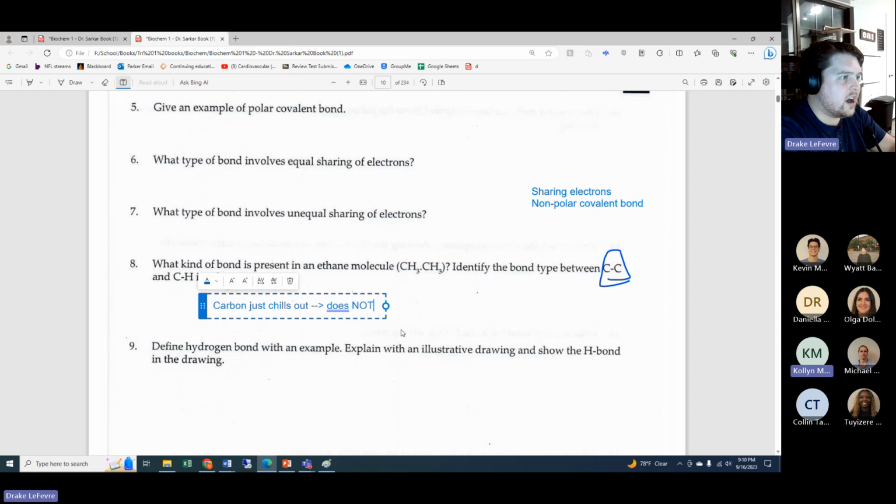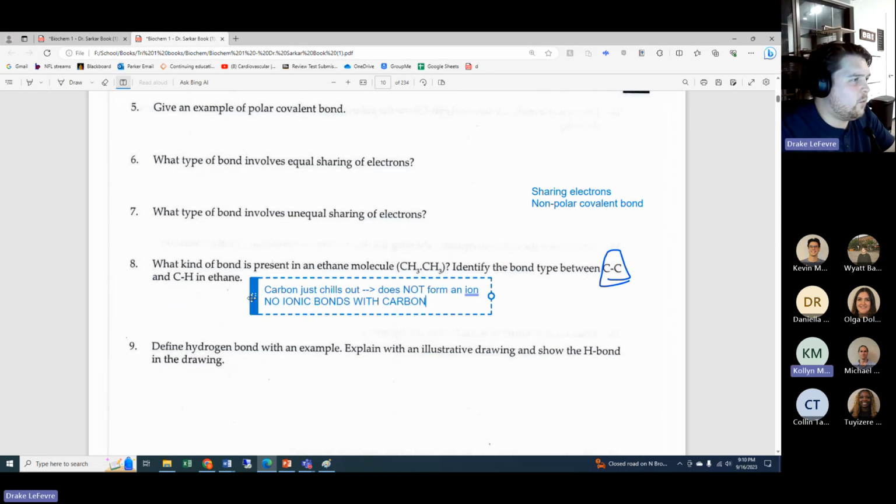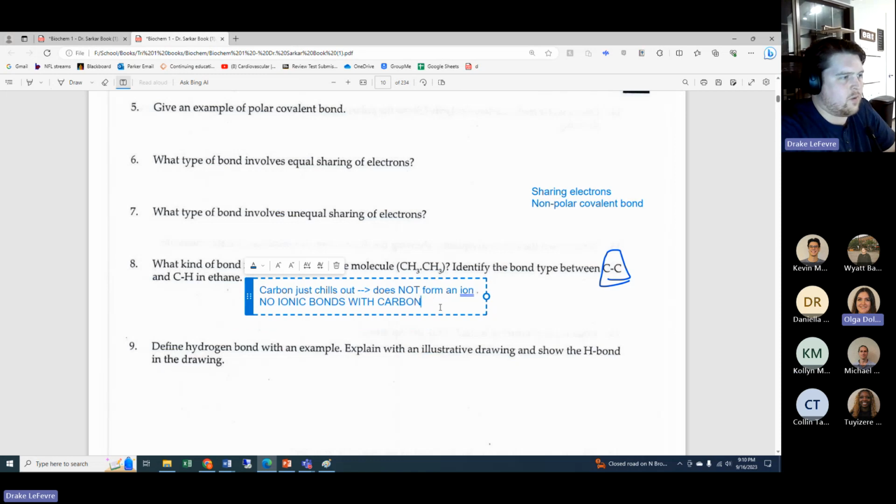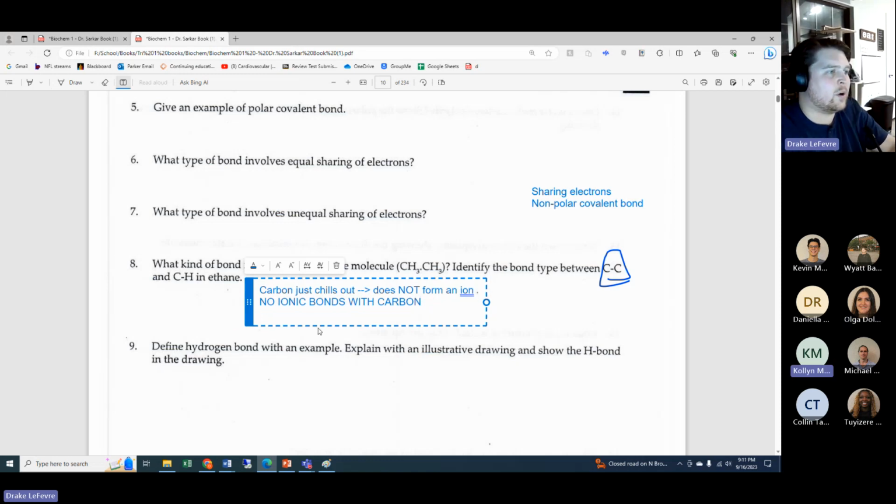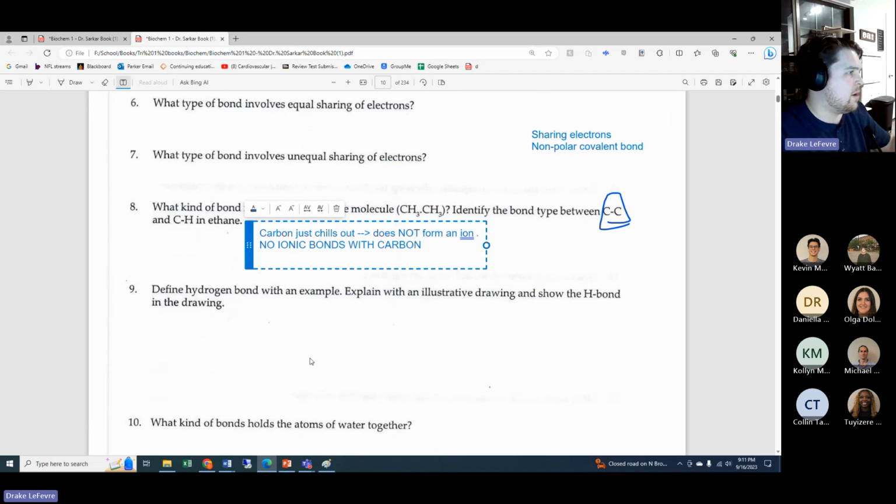It does not form an ion. So if carbon does not form an ion, can we have an ionic bond? No. For the purpose of this course, there are no ionic bonds with carbon. In the real world, there's lots of nuanced stuff, but we're not worrying about the real world. We're worrying about Biochem 1 and getting through try 1 of Parker.